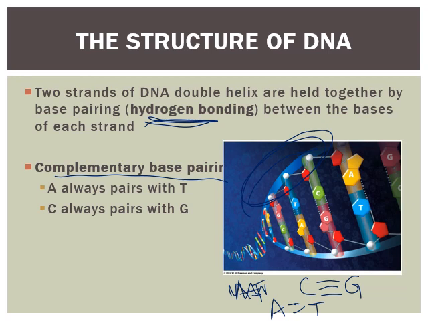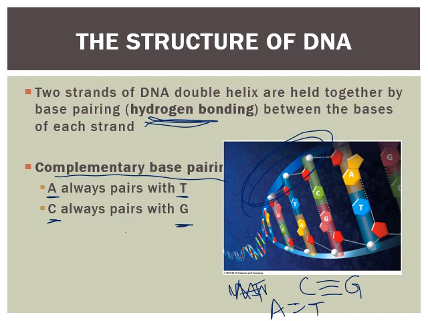So please remember, we have our 4 bases, adenine, thymine, cytosine, and guanine. A always goes with T, and C always goes with G. This will get a little bit more complicated later on when we start learning about RNA because we introduce a new base. But for right now, make sure you remember A with T, C with G. I know there's probably little mnemonics to help remember this.